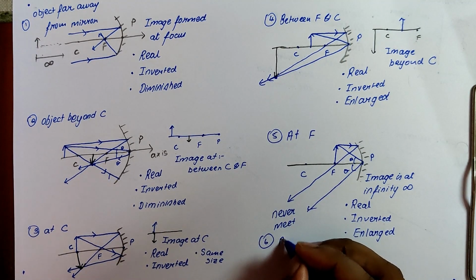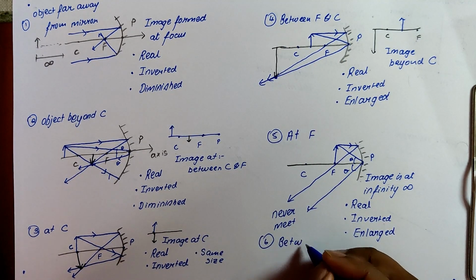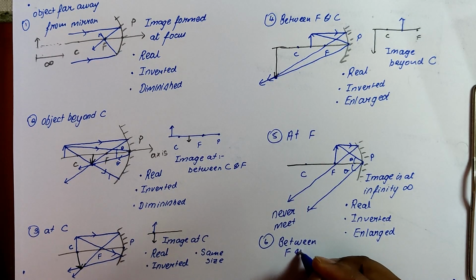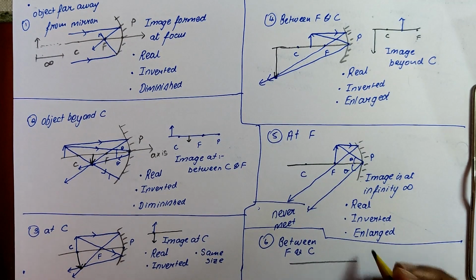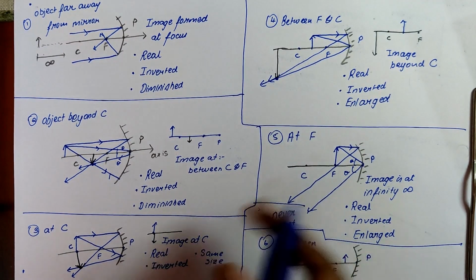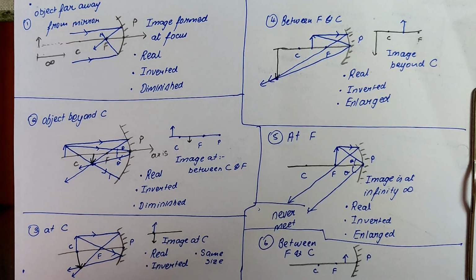It's between F and C. Now let us draw a mirror. Now the object is here. Let us do the rules again.